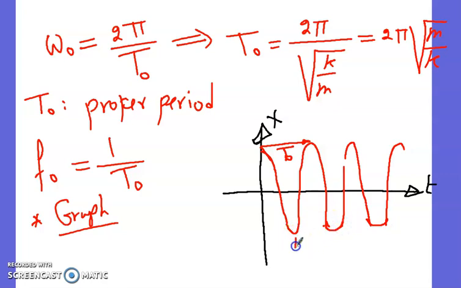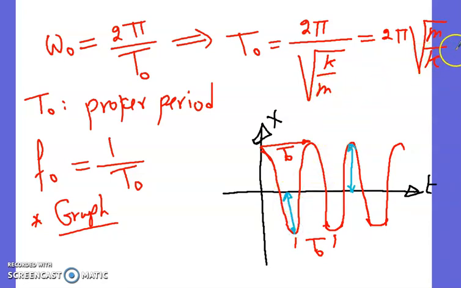So this is the proper period. And you know this is the amplitude. This is the amplitude, xm, or this value, the same.